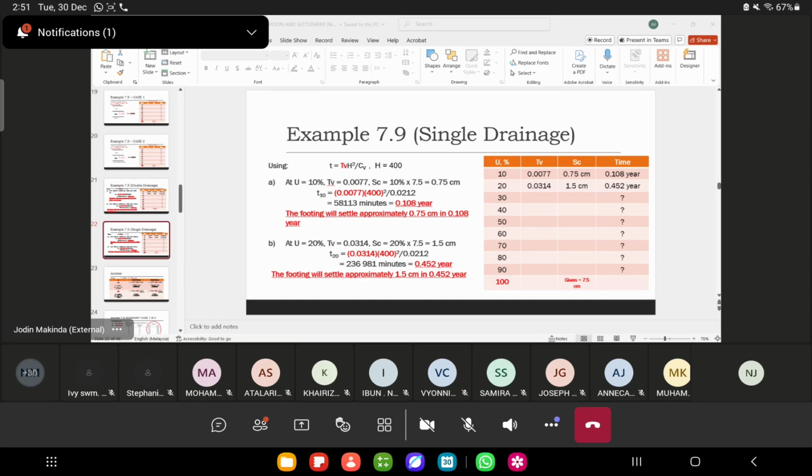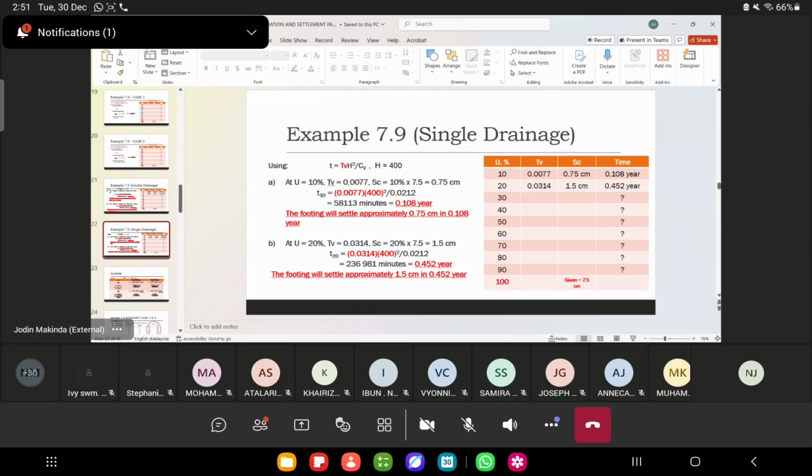Anyone know? Can anyone answer this question? Why are there two different H values?